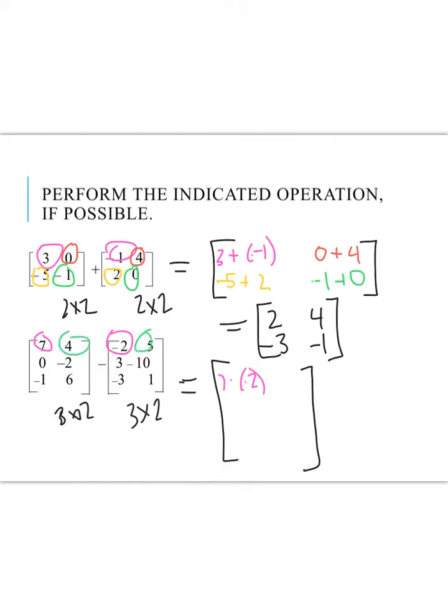4 minus 5. 0 minus 3. -2 minus, I think that's a -10. -1 minus -3.